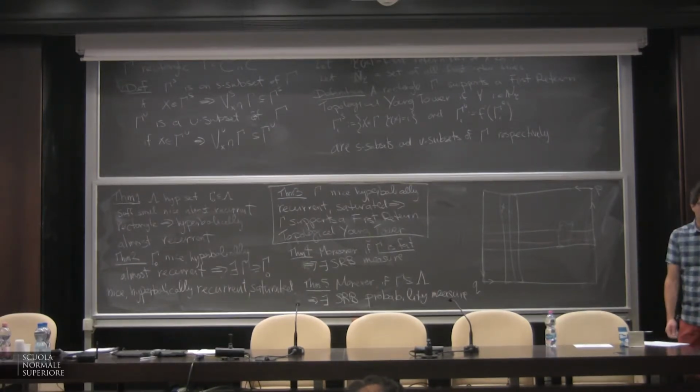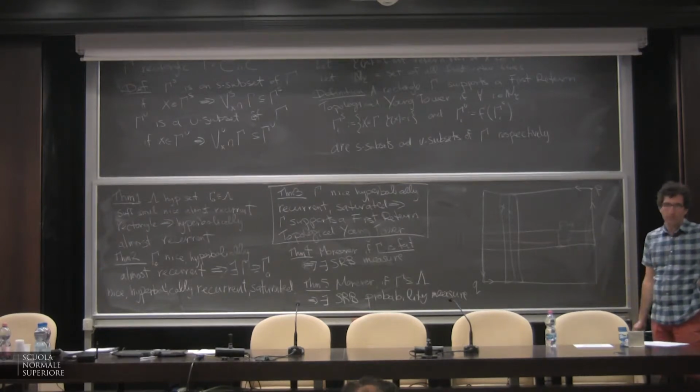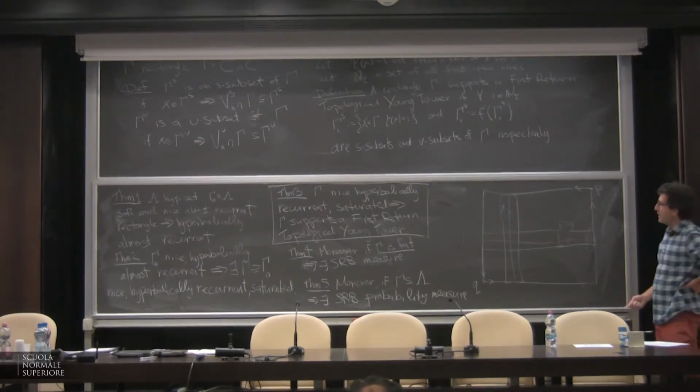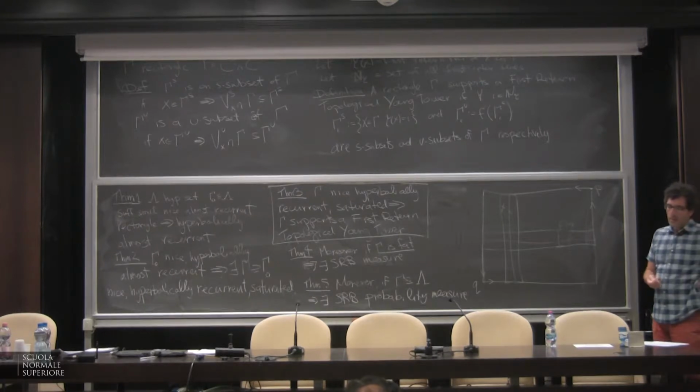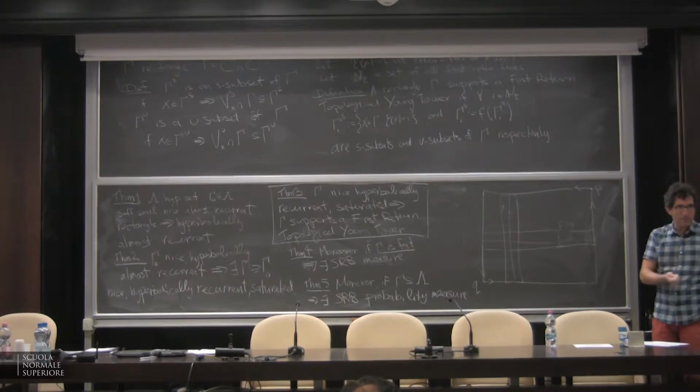The word topological is there because this only describes the topological structure of the Young tower. A Young tower is a structure that has been defined by Lai-Sang Young in a few papers and used to construct SRB measures. What we usually refer to as a Young tower is a rectangle which has a certain topological structure and certain hyperbolicity estimates and certain distortion estimates. Okay?